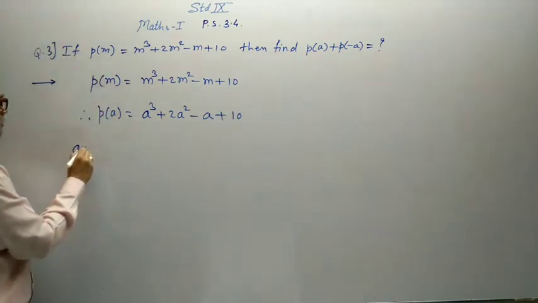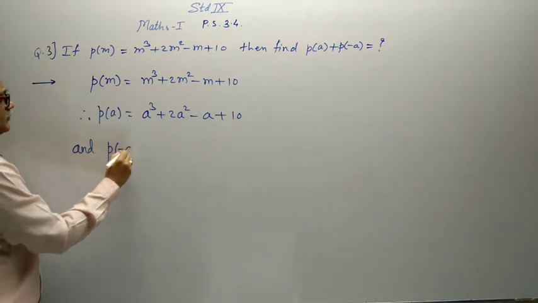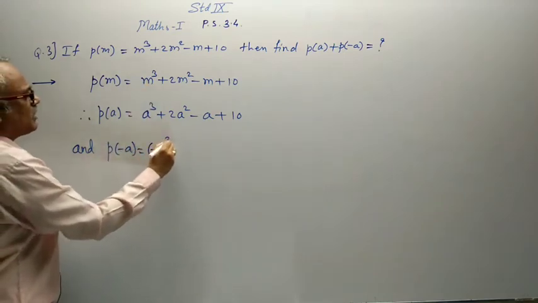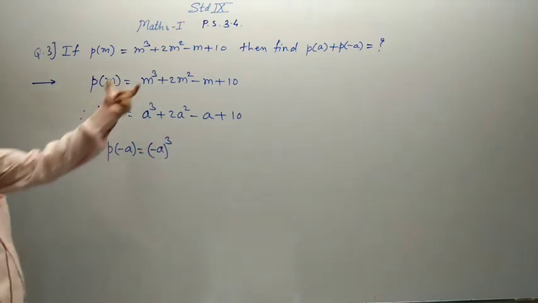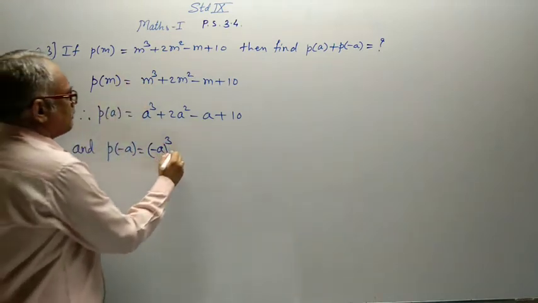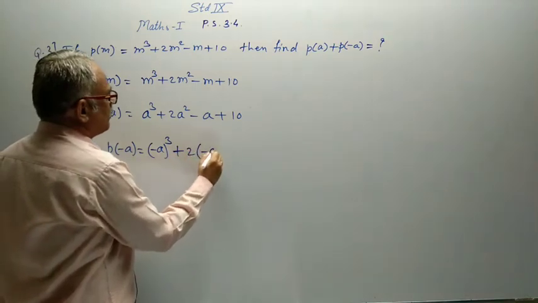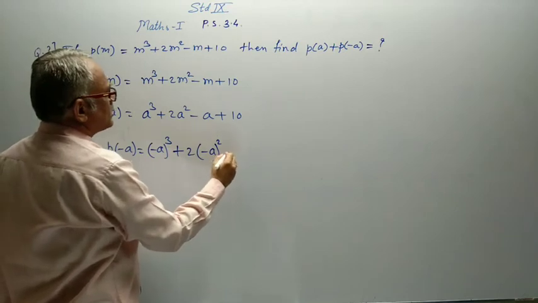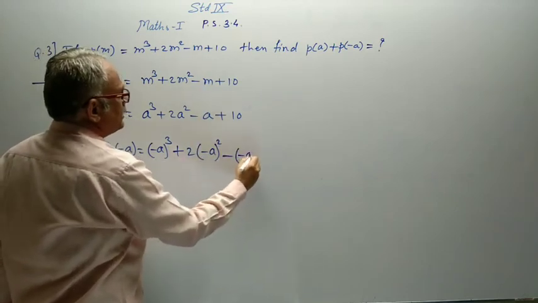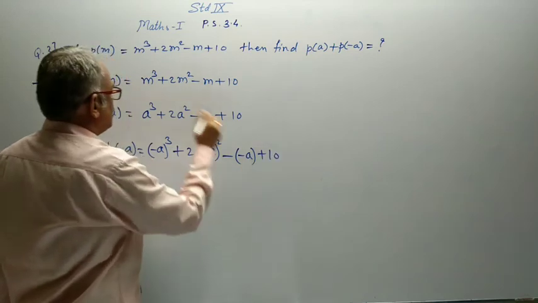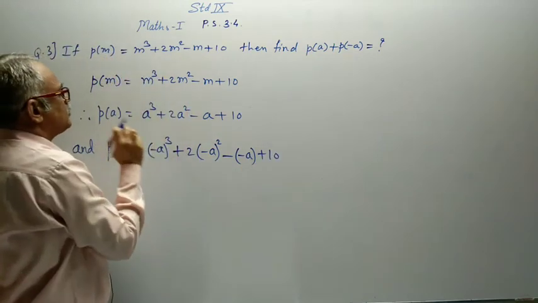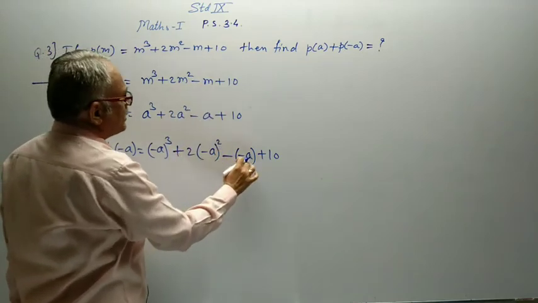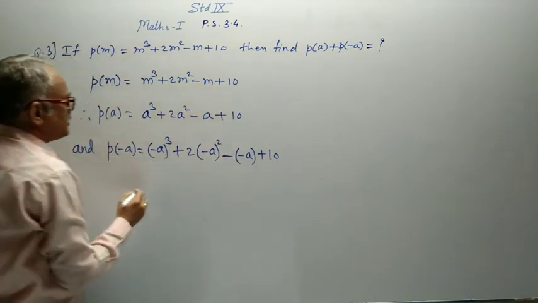And P of minus a equals, in place of m, minus a is there, so we have to put small brackets: cube of minus a, plus 2 into square of minus a, minus m itself is minus a, plus 10. Instead of m cube we have written minus a cube, plus 2 into minus a square, minus of minus a.